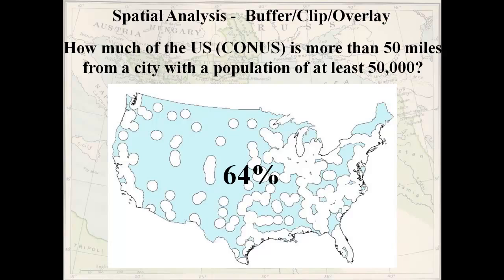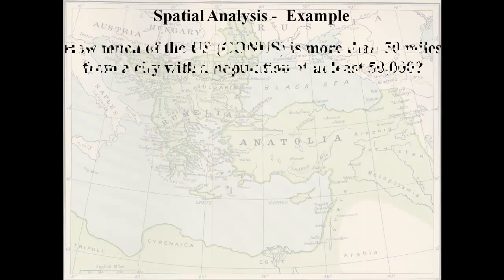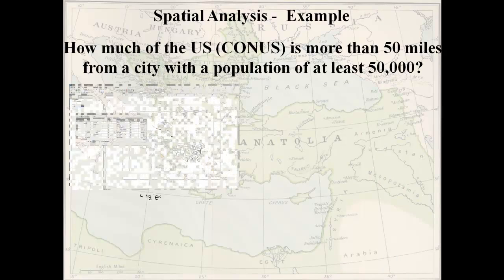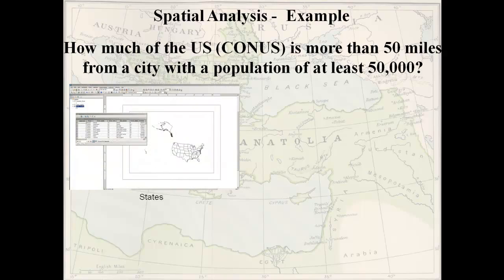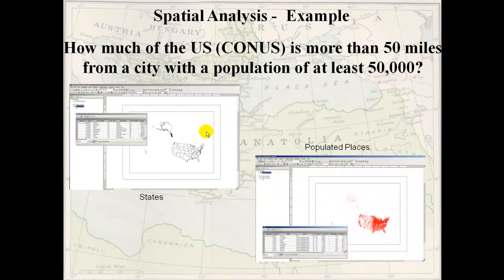Okay, so what's our input data going to be? In this example, we're going to consider that the input data consists of a vector feature class, a polygon feature class of all of the 50 states. You can get this at the census website. And we have another vector feature class.